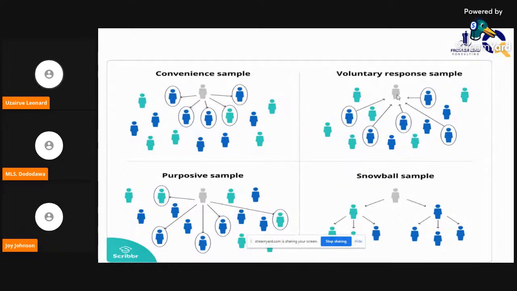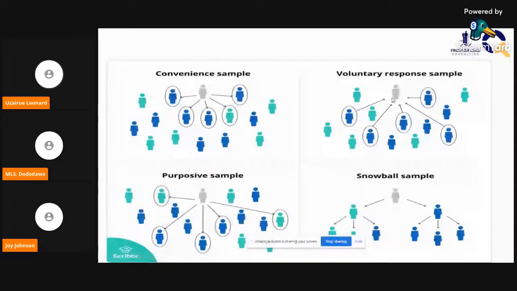You can either respond or not respond. In this case, the researcher only announces, okay, there's this study that I want to do. Those that are interested simply fill this questionnaire or simply come and meet me.